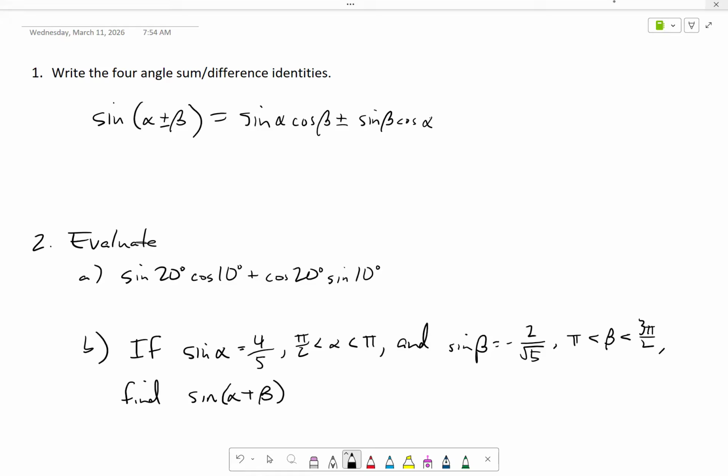Help me out with others, please. Okay. So let's do cosine. Let's start with just plus, if you don't mind. Okay.